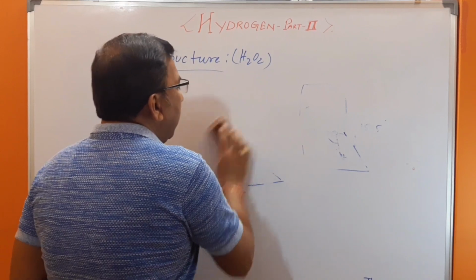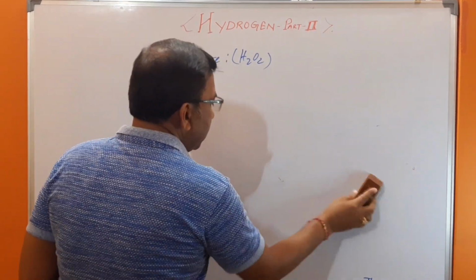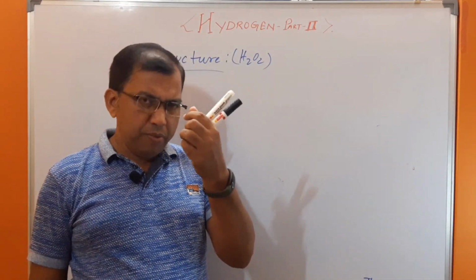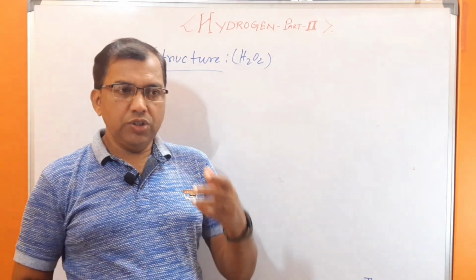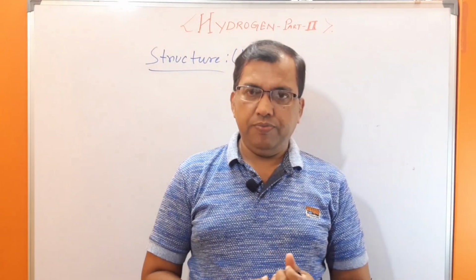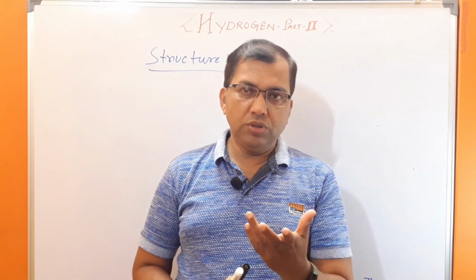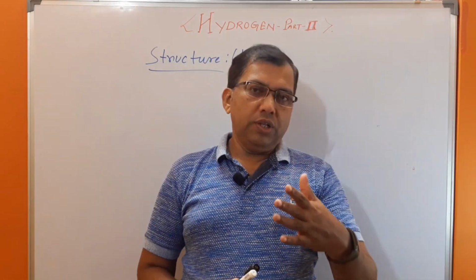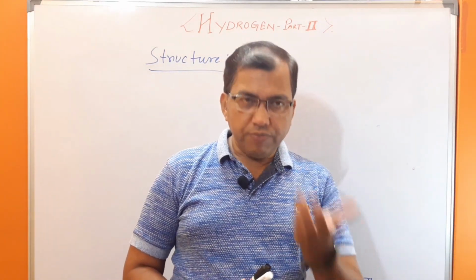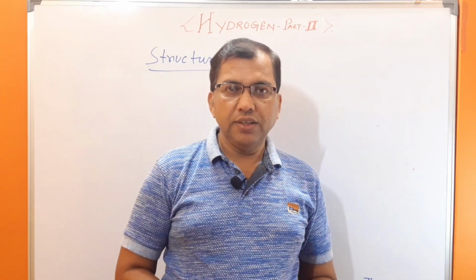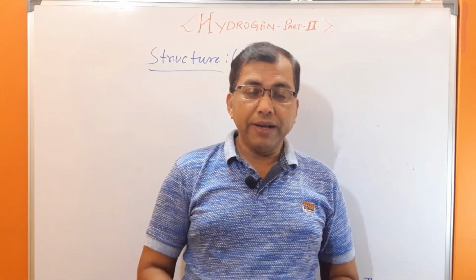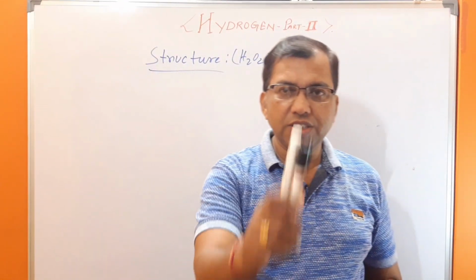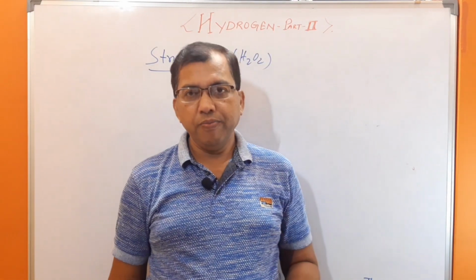Next comes the interplanar structure, and lastly some of the important uses of H2O2. H2O2 is used for bleaching purposes. For cuts and wounds we can use H2O2. We can also use a 30% solution of H2O2 in gargles. What is its name? Perhydrol. Perhydrol is a 30% solution of H2O2.